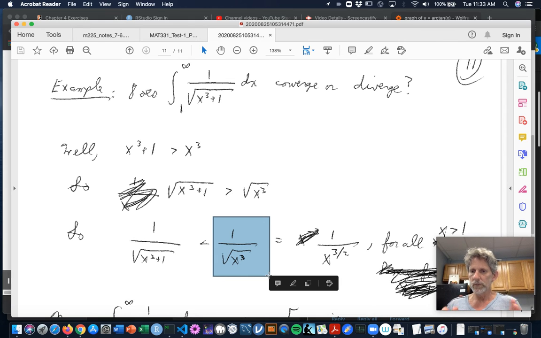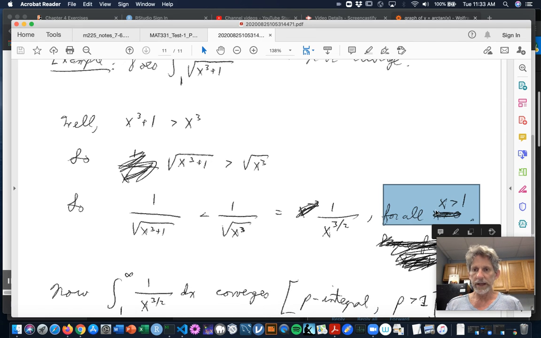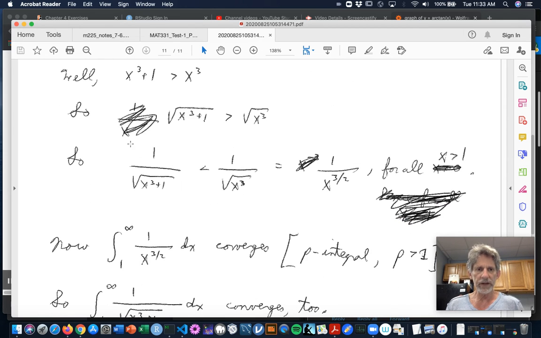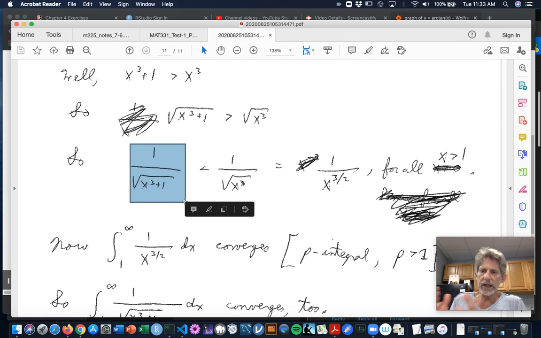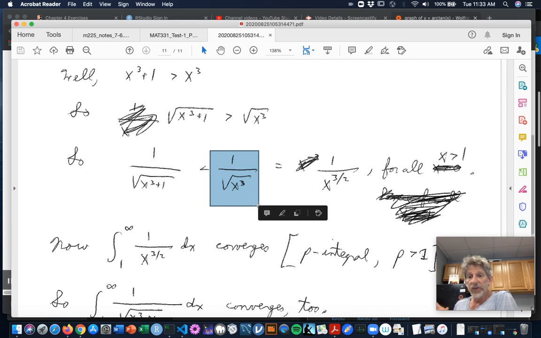You know, when a number is bigger than a number, the reciprocals are the other way around. 3 is bigger than 2, but 1/3 is less than a half. So I've got, for all x's that I care about, all x's bigger than or equal to 1, that's my lower limit here, I've got a hard and fast argument that my integrand is less than this function.